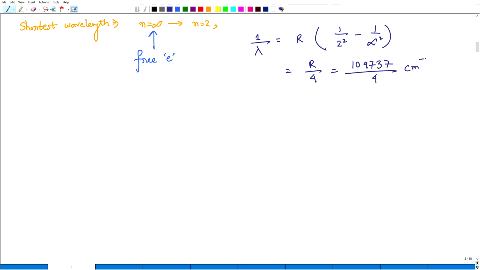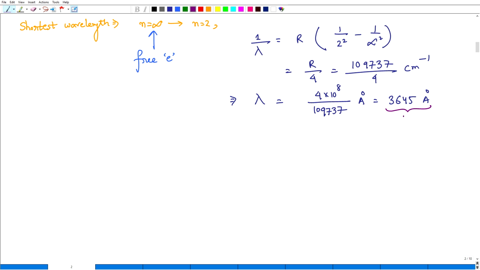Similarly we can write lambda equals 4 into 10 to the power 8 divided by 109737 Angstrom. Just now we have to calculate this numerical value, and it comes around 3645 Angstrom.